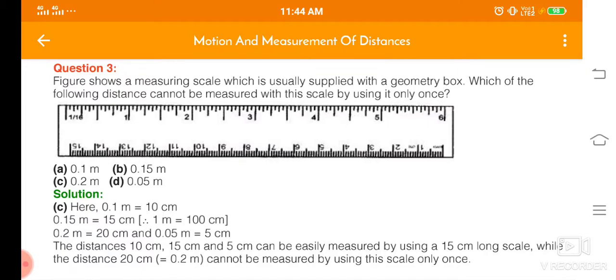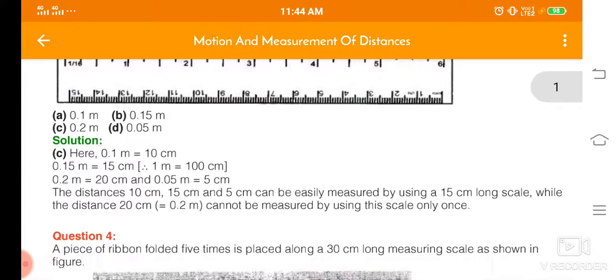The distances 10 centimeter, 15 centimeter and 5 centimeter can be easily measured by using the 15 centimeter long scale, while the distance 20 centimeter, 0.2 meter cannot be measured by using the scale only once.